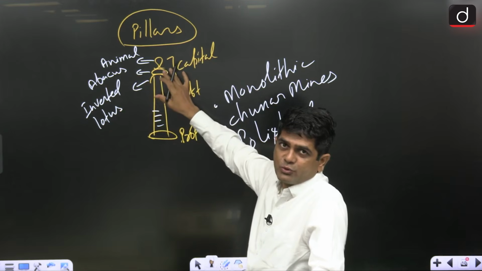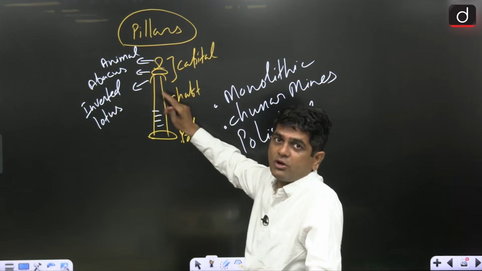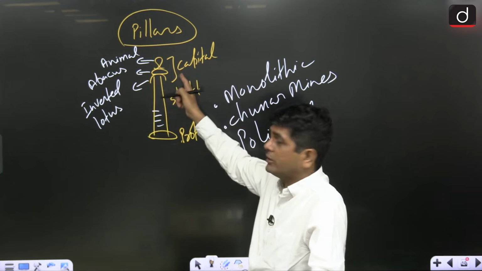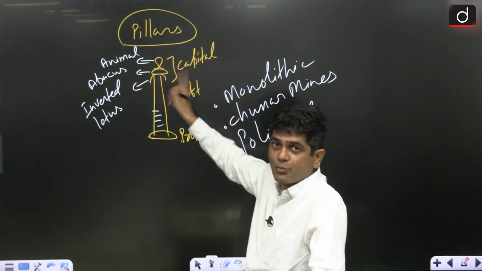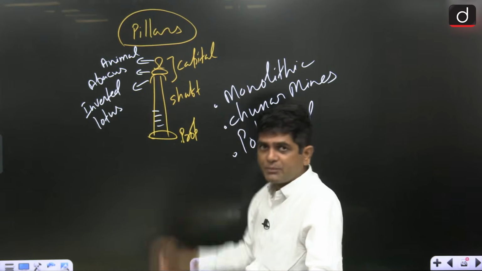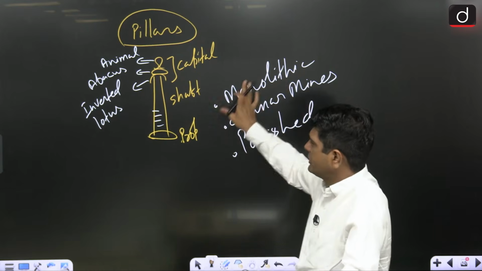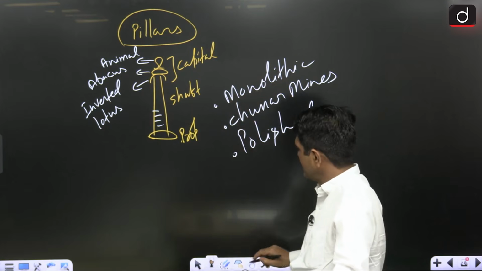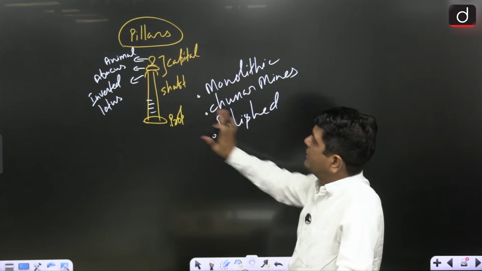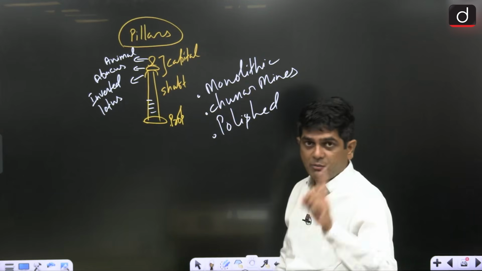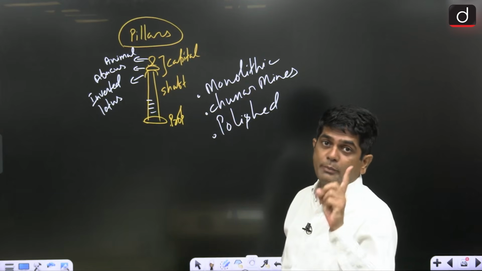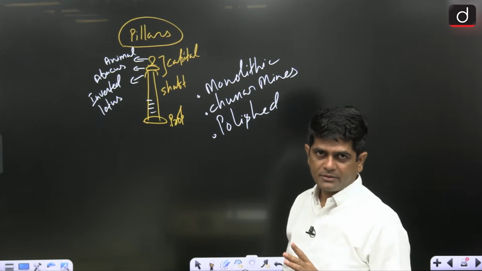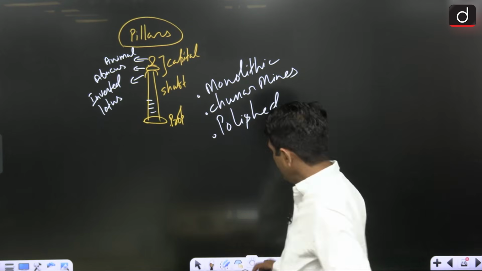At the top of the Ashokan pillars, we have the statue of animals, not the statue of humans. Clear? So these are monolithic, quarried from the Chunar mines, highly polished, and contain inscriptions. But remember, not all pillars contain inscriptions.